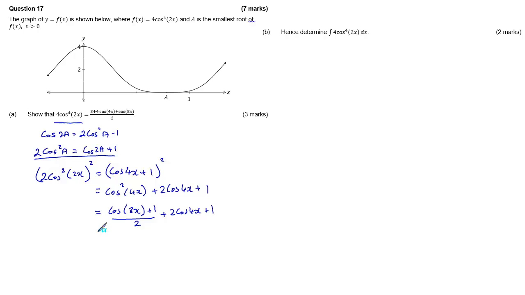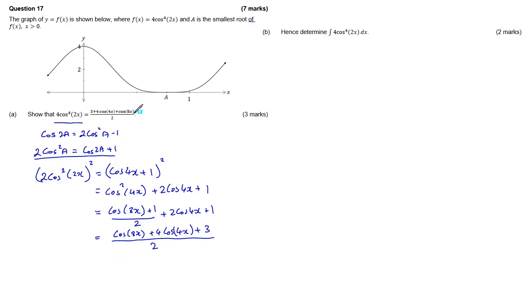So, if we put this all over the common denominator of 2, we have cos 8x plus 4 cos 4x plus 1 plus 2, so that's plus 3.